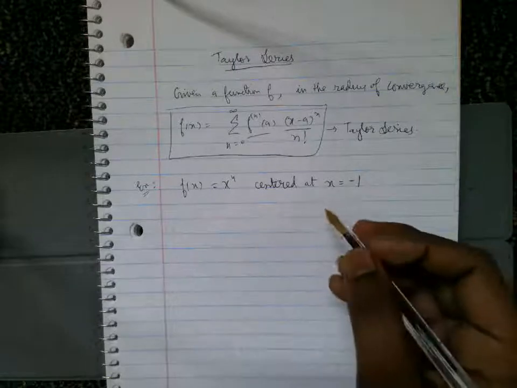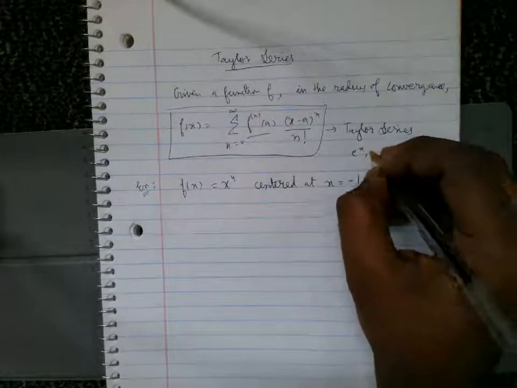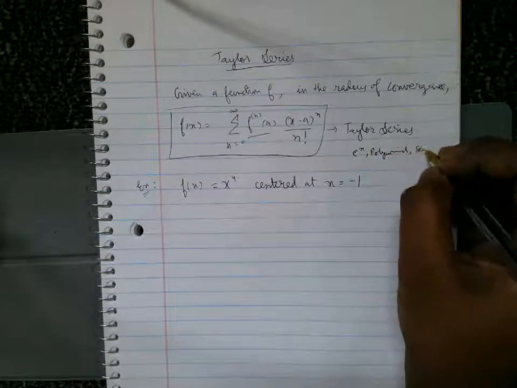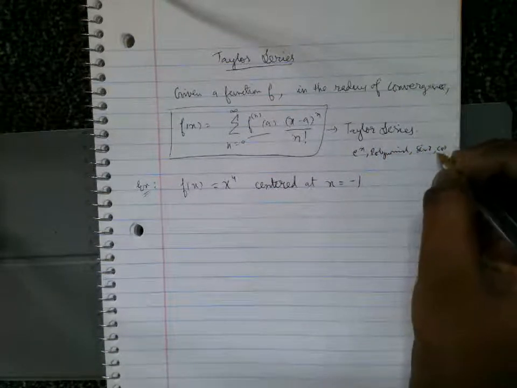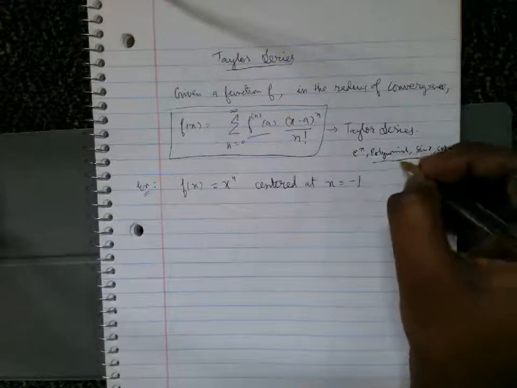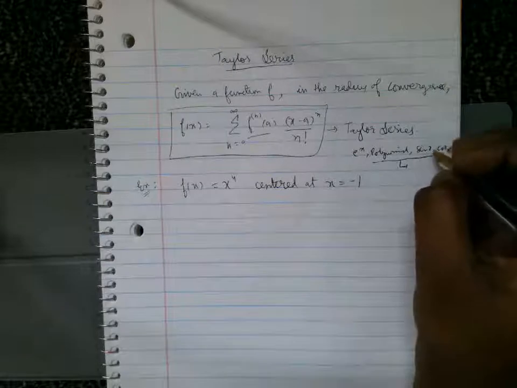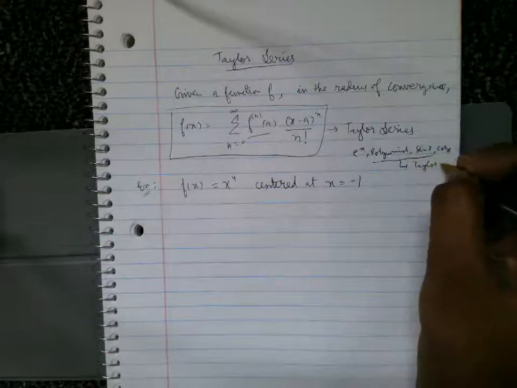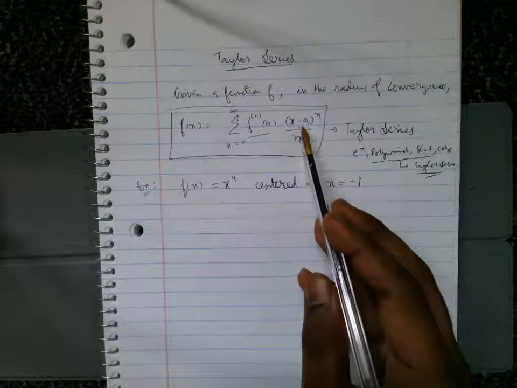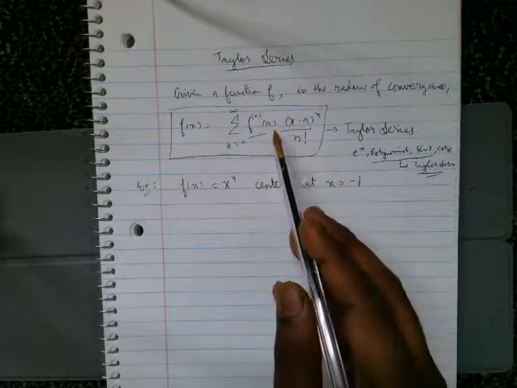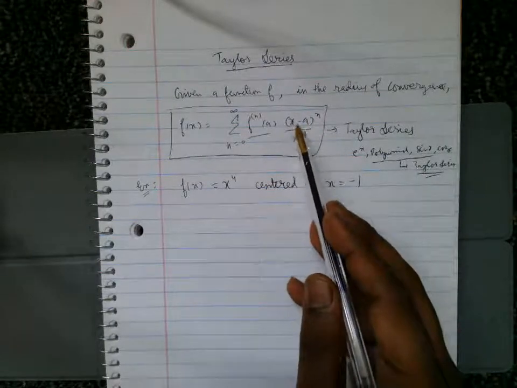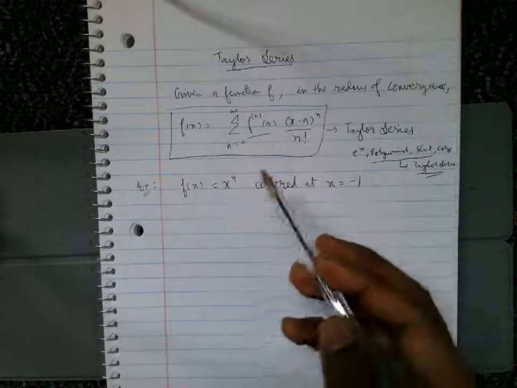However, for some common functions like exponential, polynomials, sin x, cos x, and all trigonometric functions, and most of the functions that we know will in fact have a Taylor series expansion. The formula we are given here is centered at x equal to a, because you can see that there is (x minus a) to the power n.